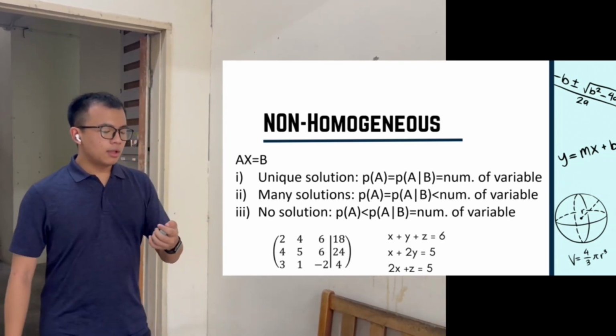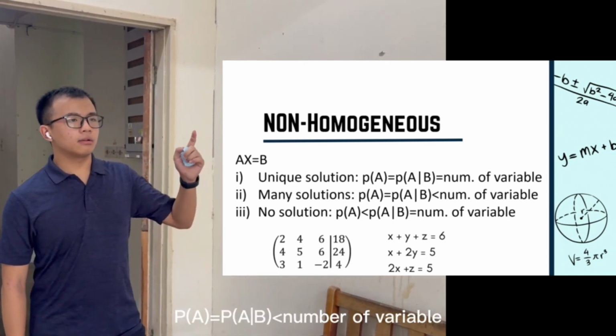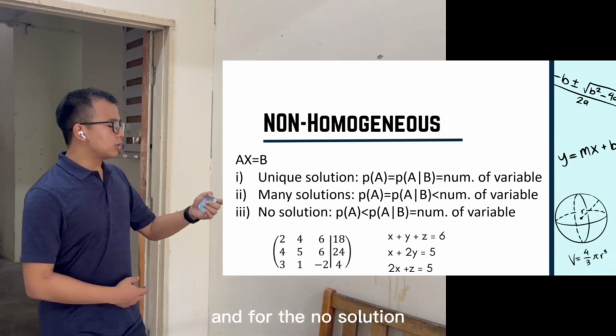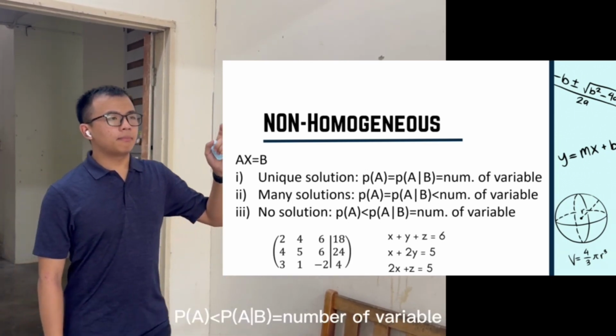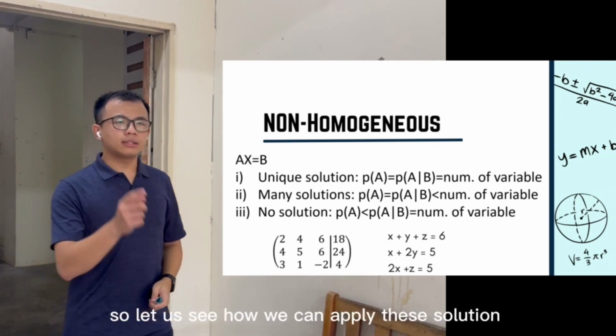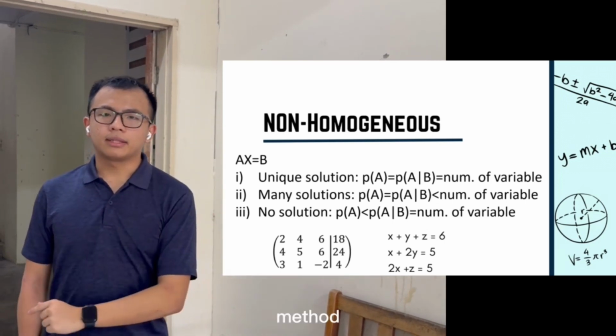For the many solution, the rank of A must equal the rank of AB, but they are less than the number of variables. And for the no solution, the rank of A is less than the rank of AB. So let us see how we can apply this in our method.